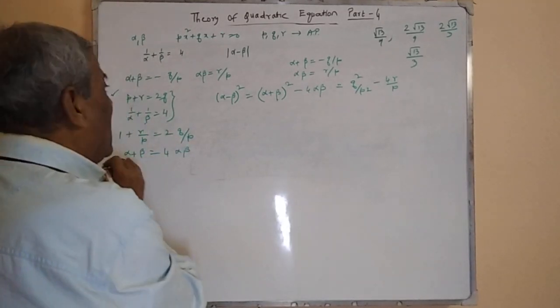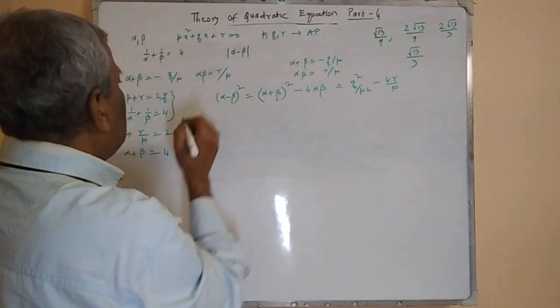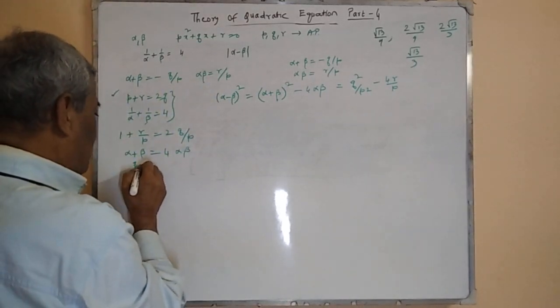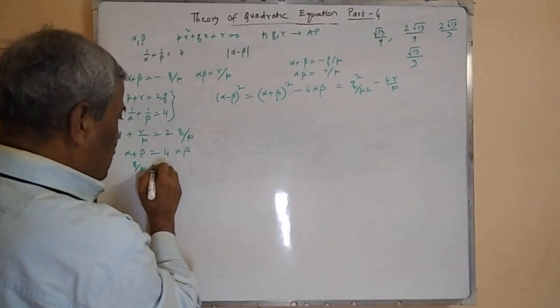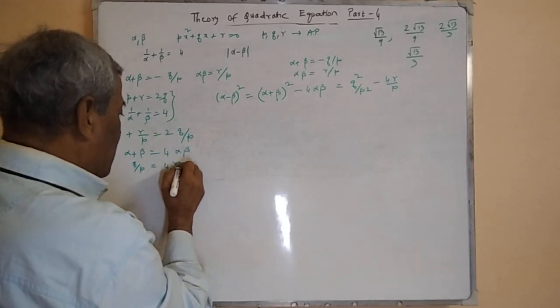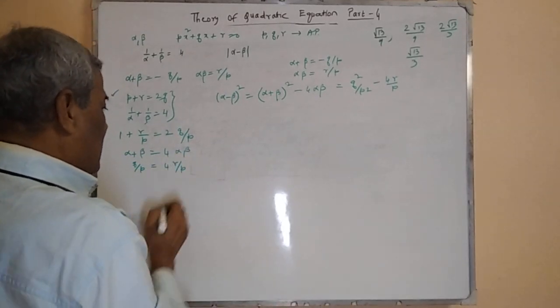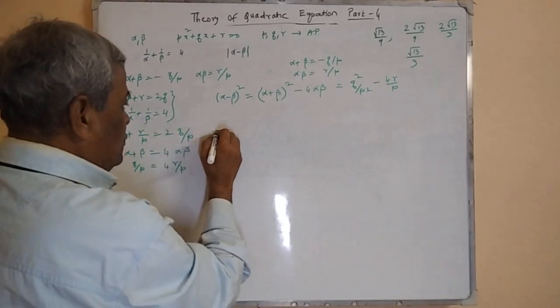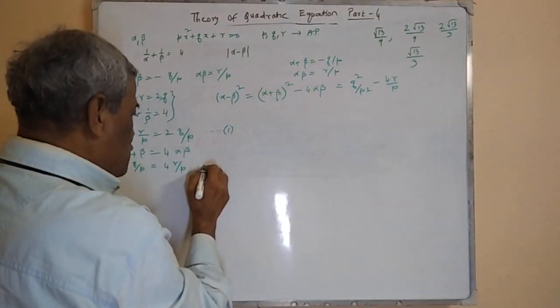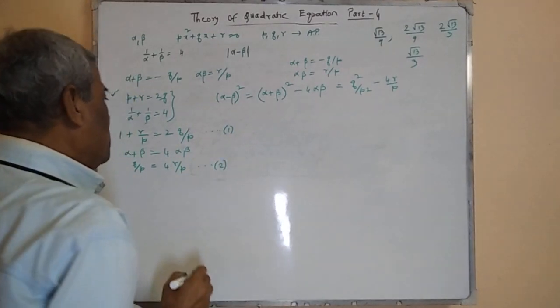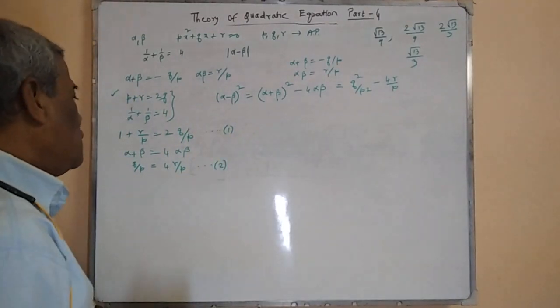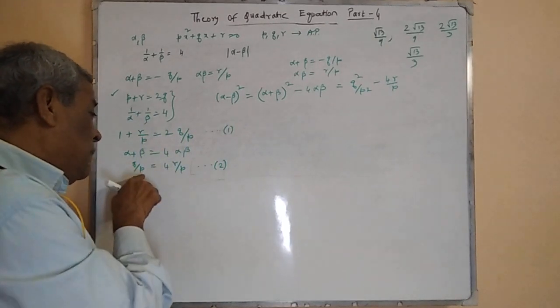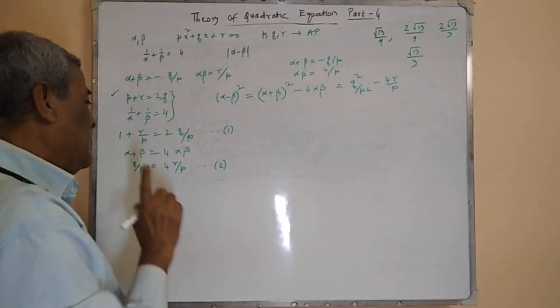That is, alpha plus beta, which is minus q by p, is equal to 4 r by p. Now, from these two relations, suppose this is 1 and this is 2. Two equations involving two unknowns, one is q by p, other is r by p. Very easily we can do that.